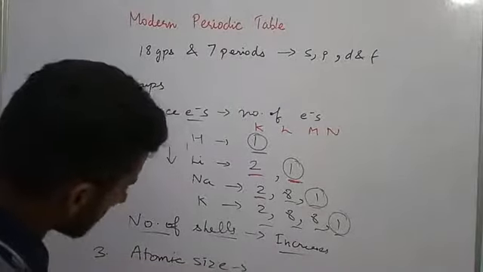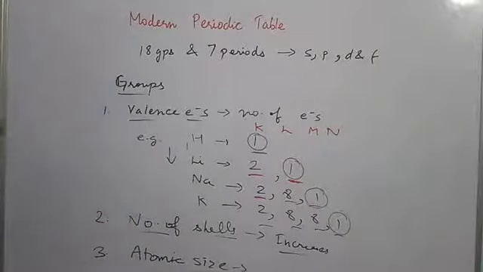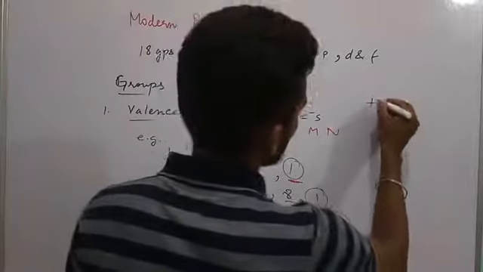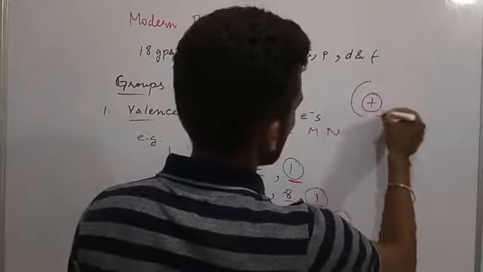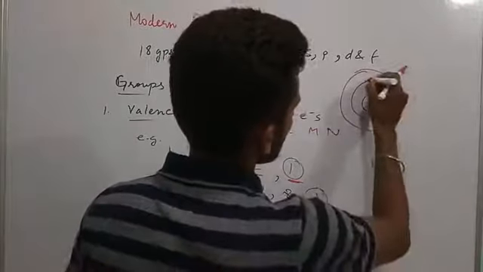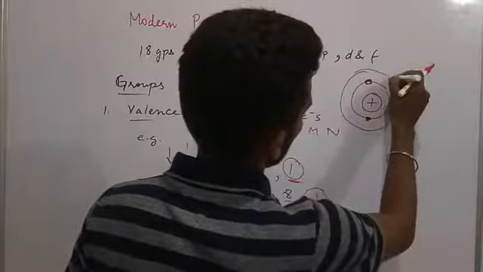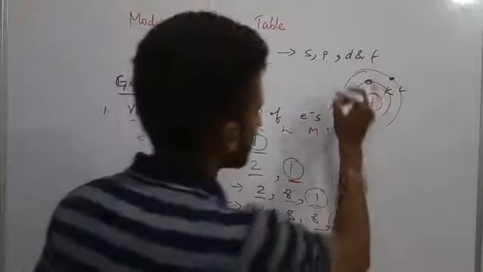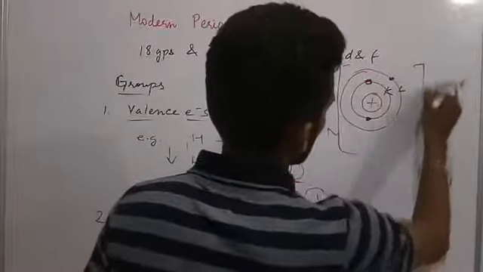So atomic size also depends upon number of shells. Suppose if I draw the structure for lithium, it has 3 electrons, 2 electrons in the first shell and 1 electron in the second shell. This is for lithium, only 2 shells are present.